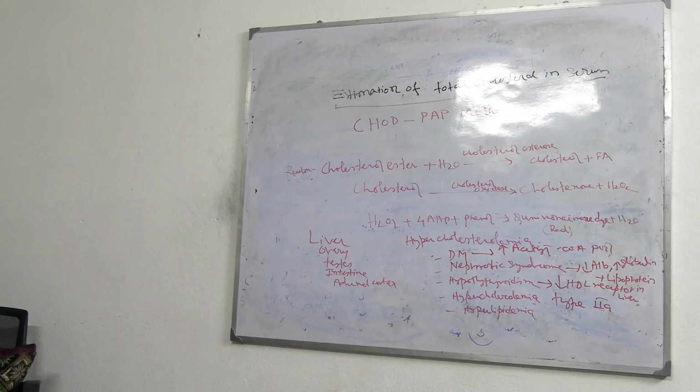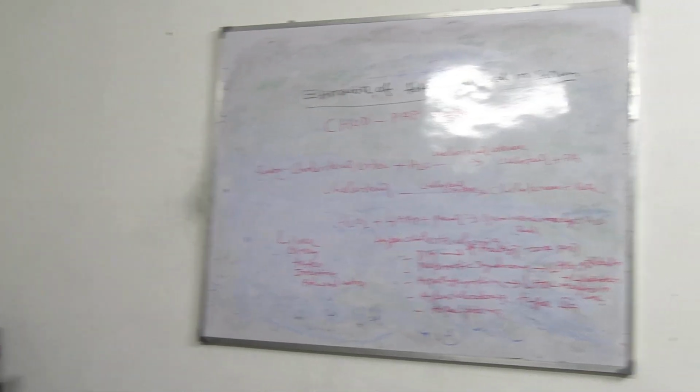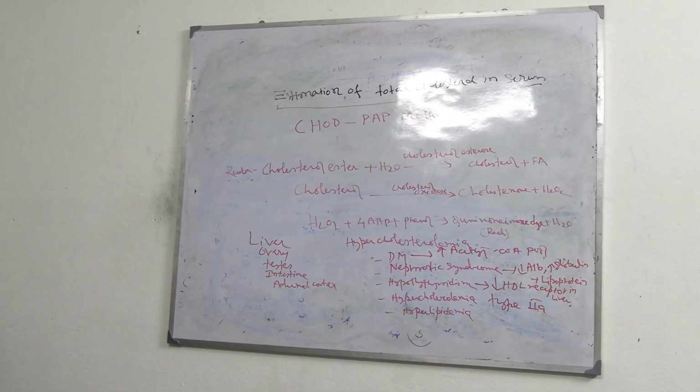The Fredrickson classification I will tell later. Specifically, there is one entity, hypercholesterolemia type 2A, with increased LDL due to an LDL receptor defect, so we will see increased cholesterol. Any doubt? I will wrap it up.